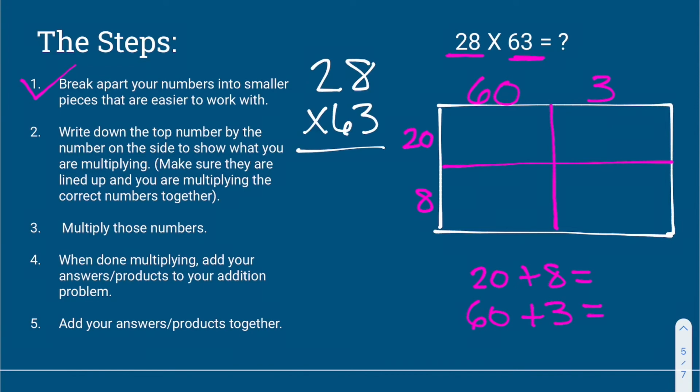Step 2, we have to write our multiplication problems in. Let's look at this box first. What would the multiplication problem be for that box? Did you say 60 times 20? If so, you're correct. Now let's look at this box.